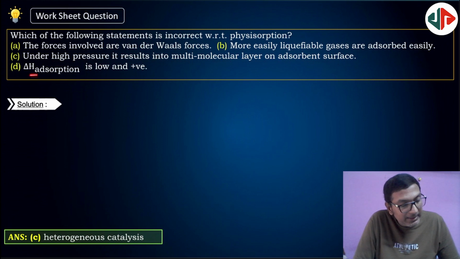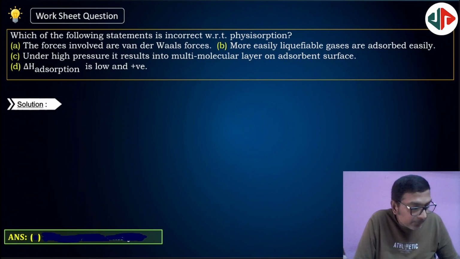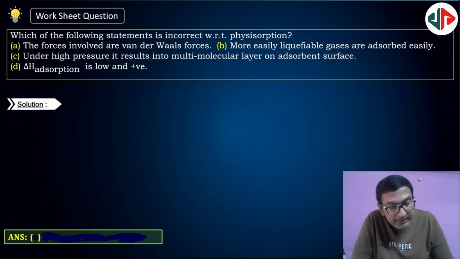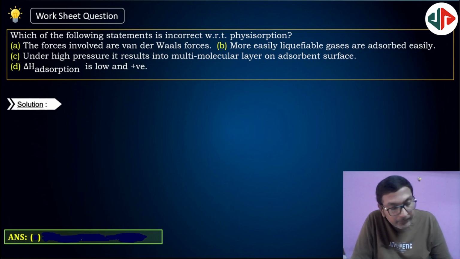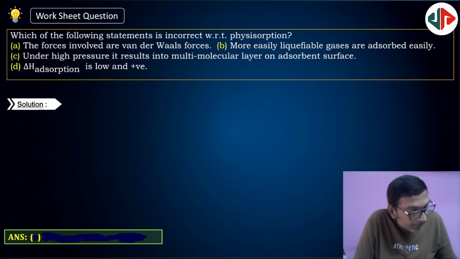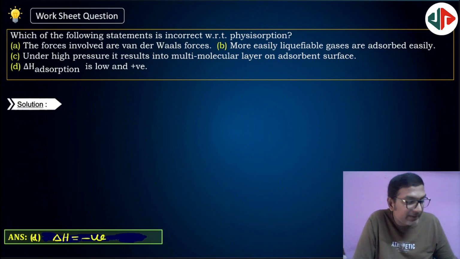Next, delta H adsorption is low and positive. So here option D should be it. Delta H of adsorption will be negative, but here positive is given.